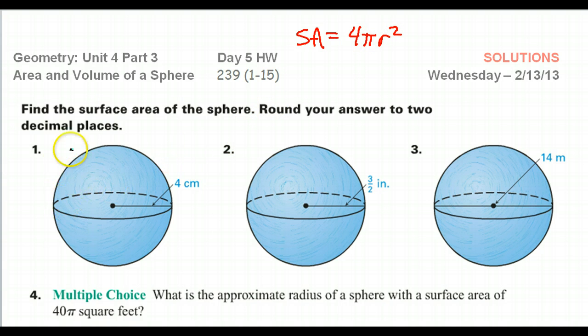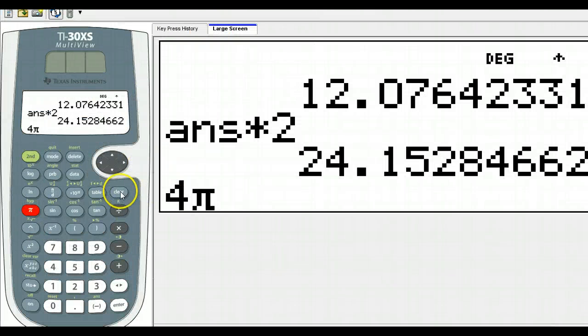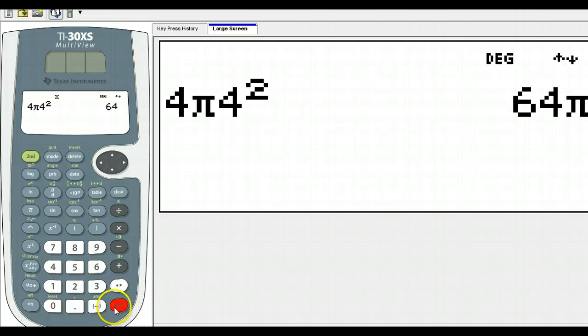So if I want the surface area of this sphere, I'm just going to do 4 pi times 4 squared. Okay, so 4 pi times 4 squared is 64 pi.